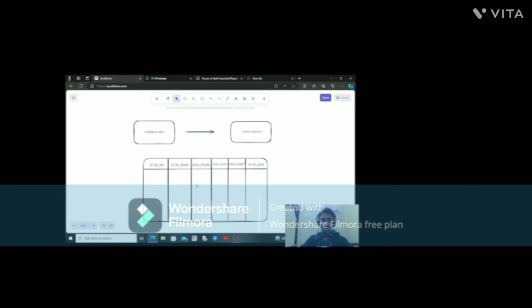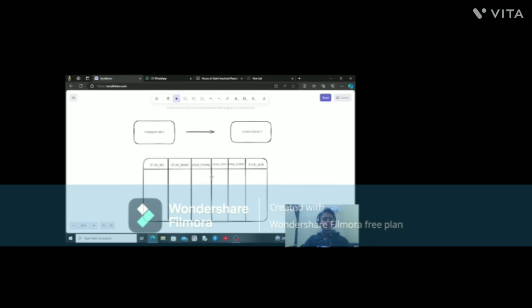Foreign key is a column or group of columns in a relational database that provides a link between data in two tables.